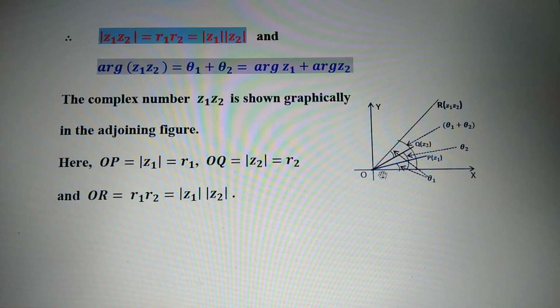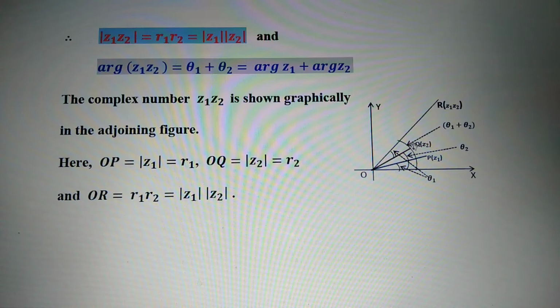Okay, now the argument of the product of z1 and z2 is the sum of these two arguments, theta 1 and theta 2. So this is already theta 2; you extend it by theta 1. So you get this angle.